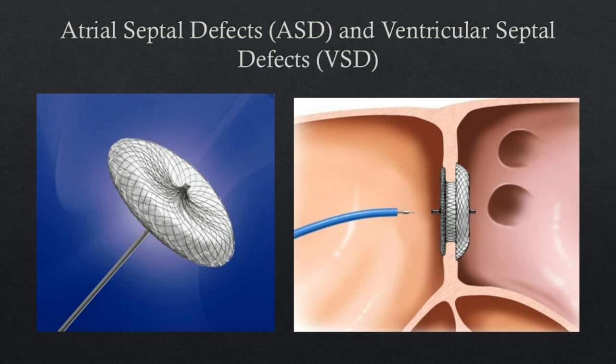The patient is then transferred to the procedure table, where the physician will again measure the opening using a balloon-tipped catheter. The appropriate size is very important for the success of the procedure, as an undersized device can lead to the plug free floating in the heart. These patients often go home same day with little recovery time, as the procedure usually takes 1 to 2 hours.